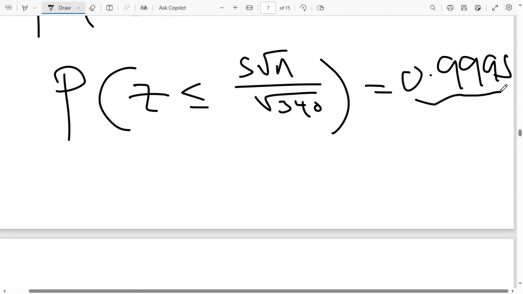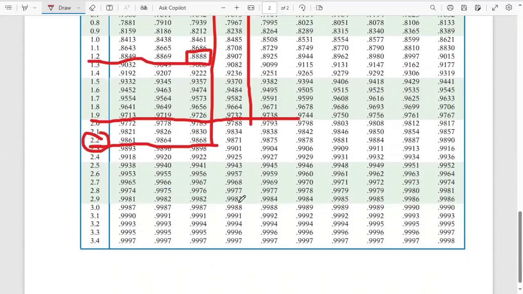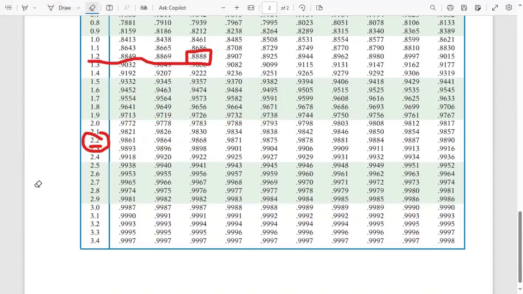I assume there's a mistake somewhere because this one here, I can't find. Can I find such a probability? Okay, let's find. So we have 0.9995. Okay, I think we can. Let's look for 0.9995 here.